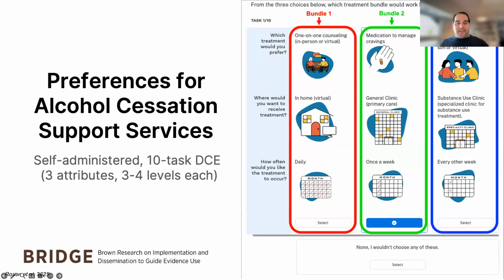In this specific exercise, to maximize design efficiency, we had participants choose between 3 different bundles of services. Most of the time in a discrete choice experiment, you're working with just 2 bundles at a time, but in this example we worked with 3. And participants could also tell us, as you see at the bottom of the screen, that they don't want to select any of these options because they don't like any of them.